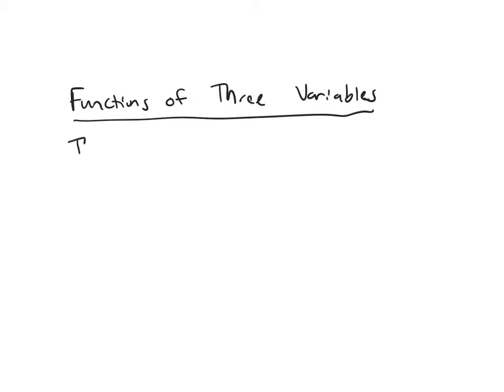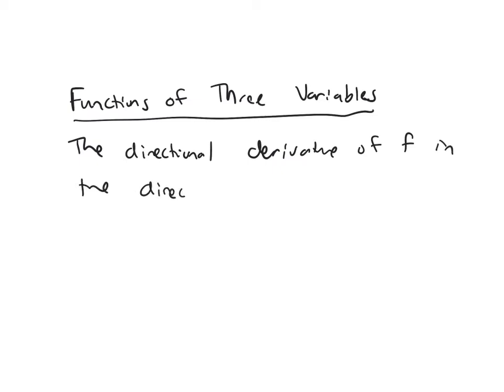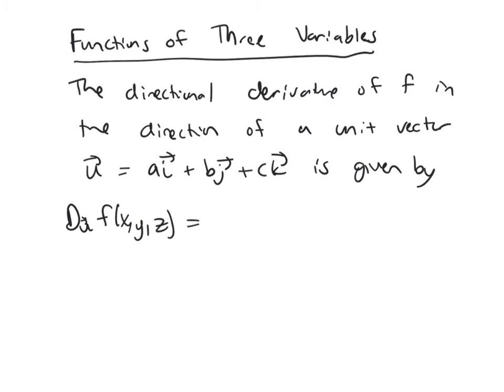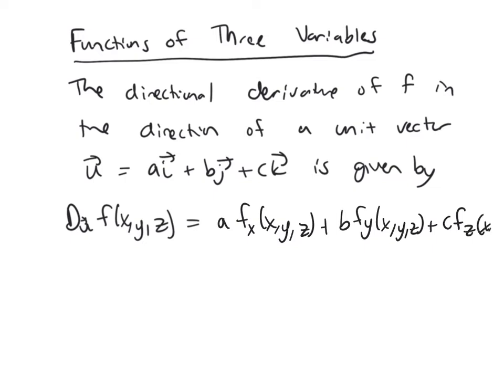So then we would say the directional derivative of f in the direction of a unit vector u, which now is going to have 3 components, ai plus bj plus ck, is given by, at x, y, z, a times your partial derivative with respect to x plus b times your partial derivative with respect to y plus c times your partial derivative with respect to z.